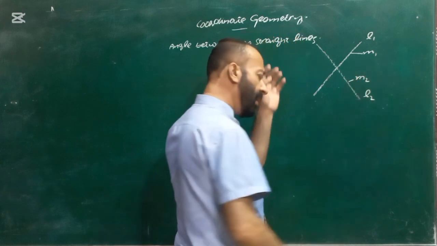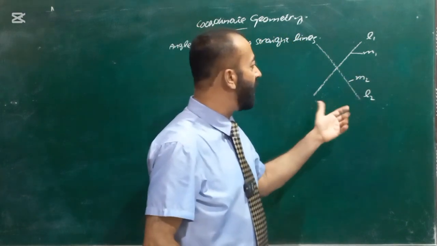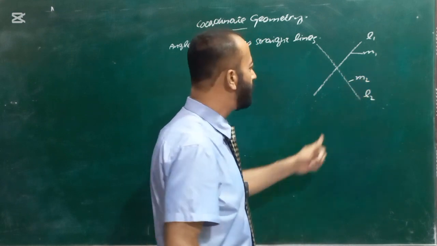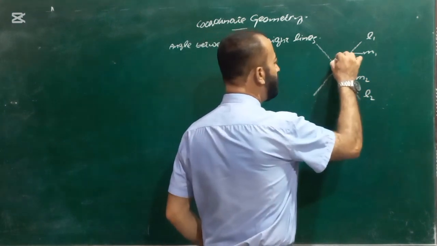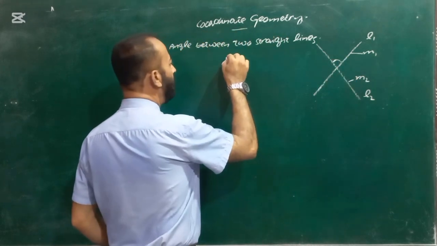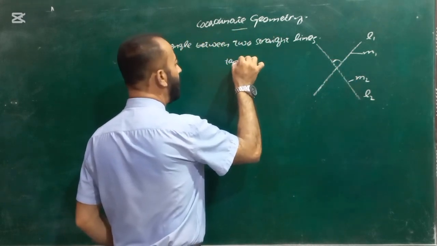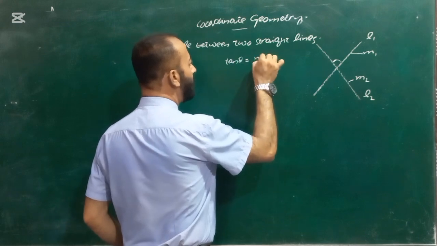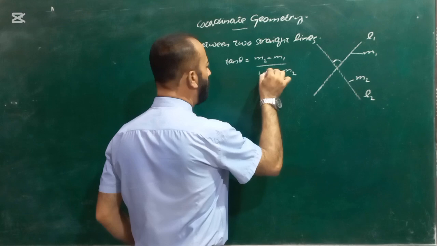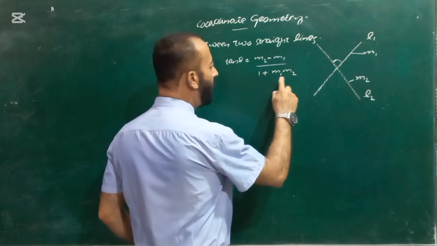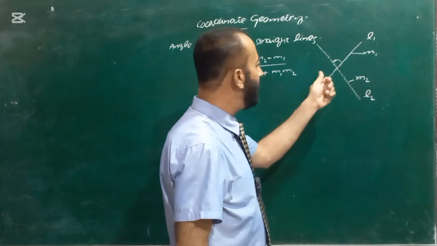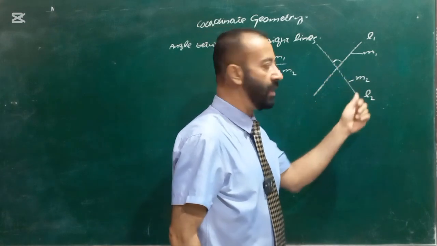So by putting any method, we find the gradient of the line L1 and L2. So the formula used to find the angle between these two lines is tan theta is equal to M2 minus M1 over 1 plus M1 M2. So this formula will be used to find the angle between two lines.